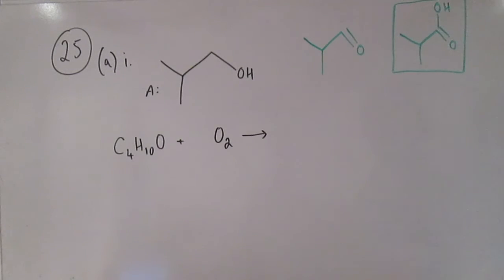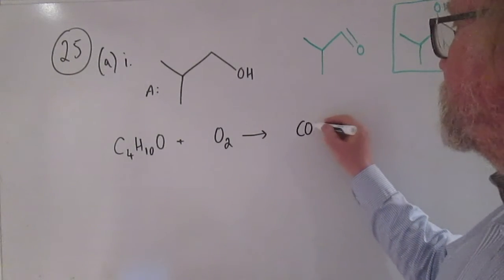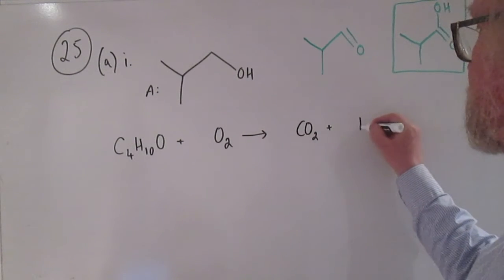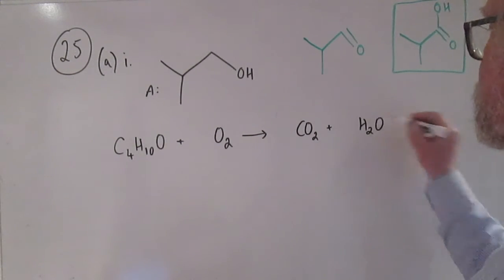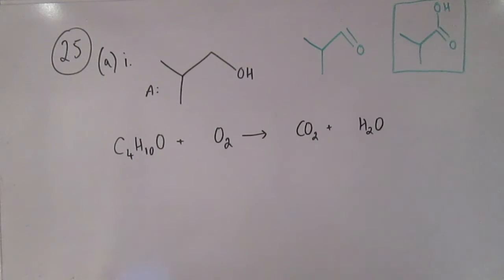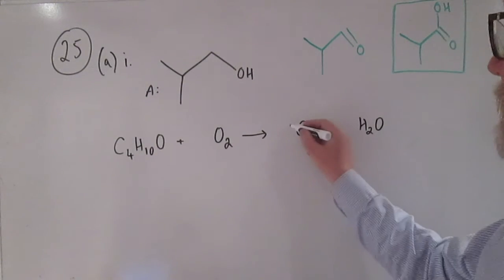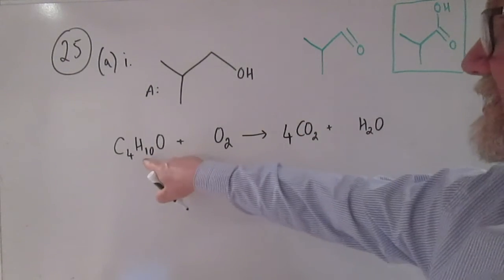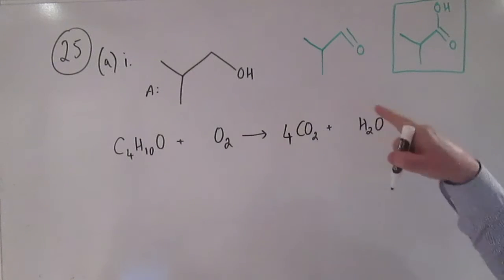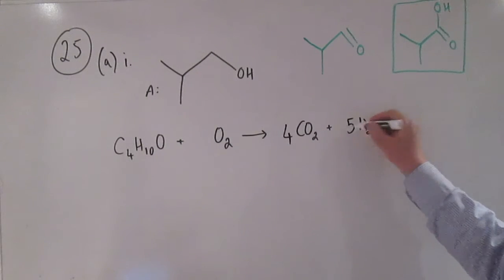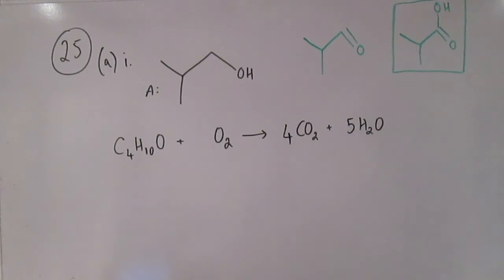That's what the complete bit means, that you produce carbon dioxide rather than carbon monoxide or carbon. So CO2, and then as always in combustion, water is where the hydrogens end up. So 4 carbons on the left means we have to have 4 CO2s. 10 hydrogens on the left means we have to have 5 H2O to give us the 5 lots of 2 to give you 10 hydrogens on the right.